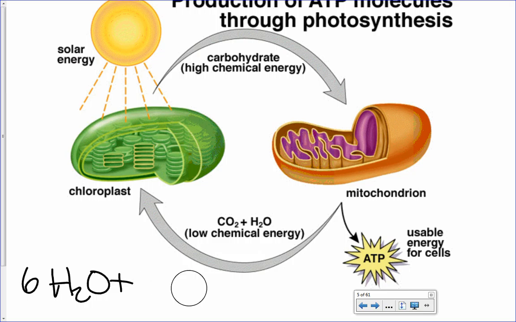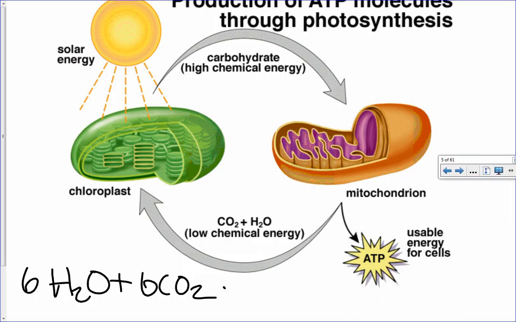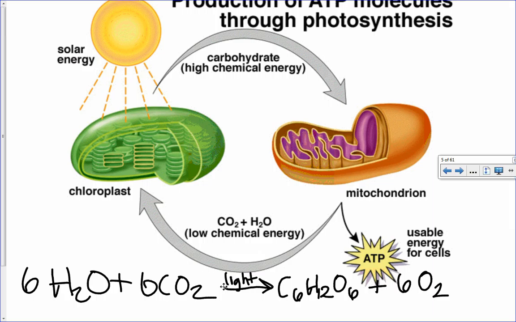I'm sorry, I mixed that up. 6 CO2 molecules. And they take that and use light energy to turn it into glucose, C6H12O6, and then they're left with 6 leftover oxygen molecules. I reduced this one, so you're not going to see the leftover water as well. But this is the equation for photosynthesis.